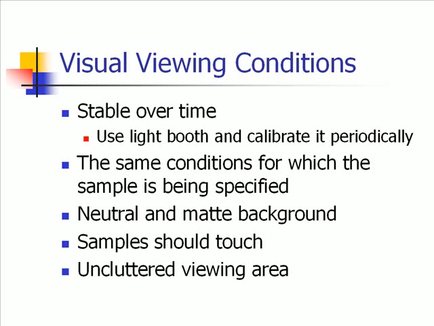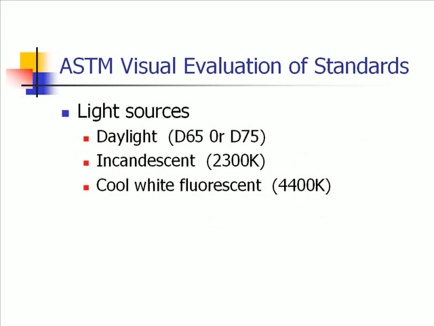The ASTM, which is an organization that sets test specifications, does have a test method for visual examinations of standards. Not everybody has spectrophotometers, so there are procedures for correctly visually evaluating standards.